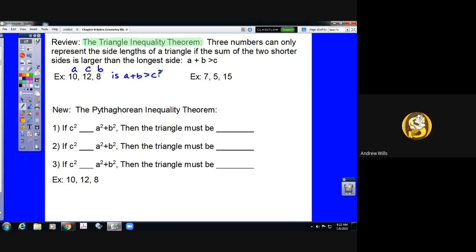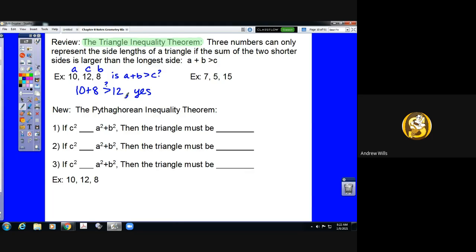Not a right triangle, just a triangle. So if we look at that, 10 plus 8, is that greater than 12? The answer would be yes. So these could be a triangle. Those 3 numbers could be a triangle.